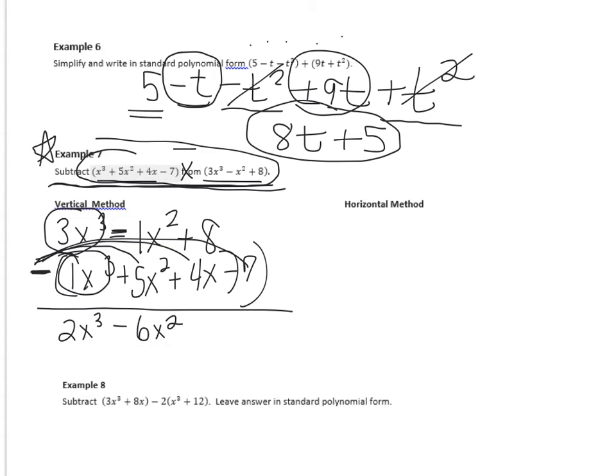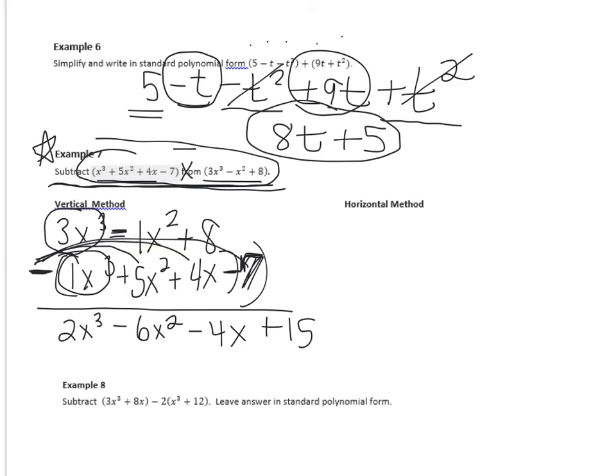So 0 minus 4x would give you negative 4x. And then your constant, you're doing 8 minus negative 7. Not 8 minus 7. You got 8 in the top and you're subtracting a negative 7. Well, 8 minus negative 7 is the same as 8 plus 7. So you end up with plus 15.